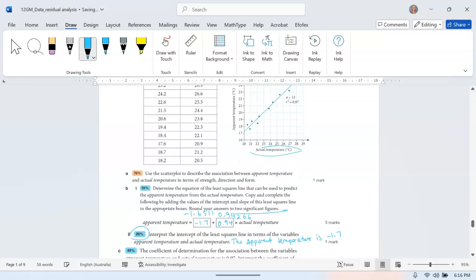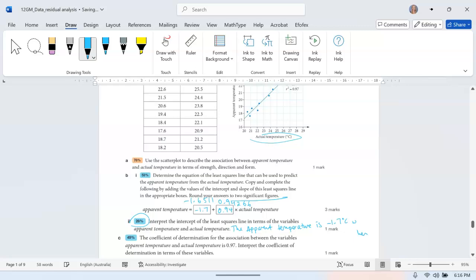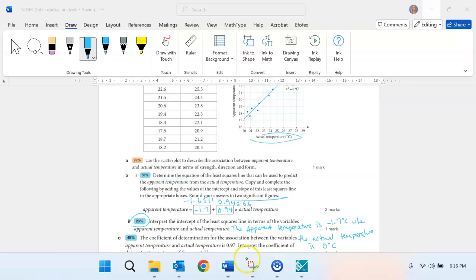What are the units? Degrees Celsius. When the actual temperature is 0 degrees Celsius.